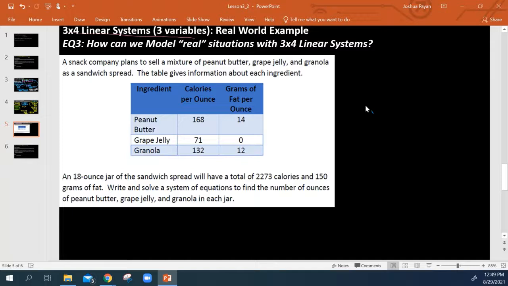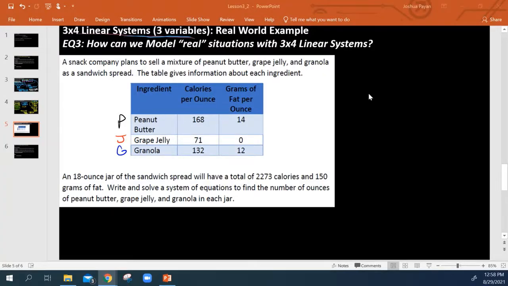Okay, an 18-ounce jar of the sandwich spread will have a total of 2,273 calories and 150 grams of fat. Write and solve a system of equations to find the number of ounces of peanut butter, grape jelly, and granola in each jar, right? And there's just a random line underlined right there. I don't know why that's there.